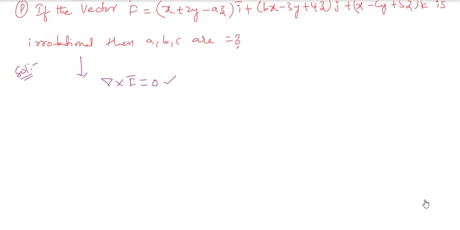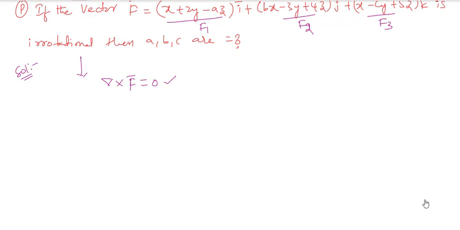Let me take what is given in this problem. Irrotational means curl f bar is equal to 0. So curl means you calculate the determinant with f1, f2 and f3.